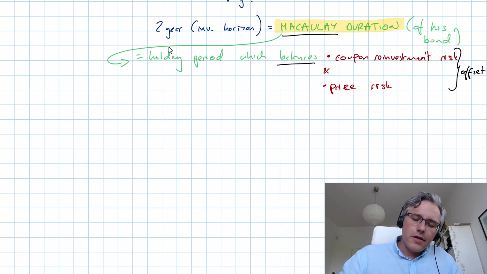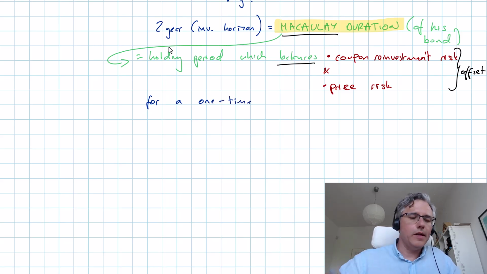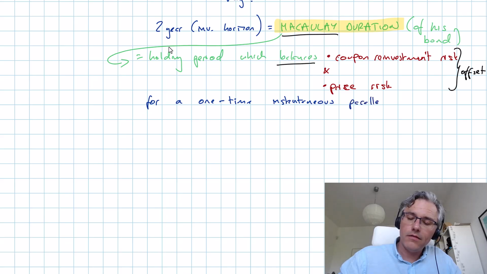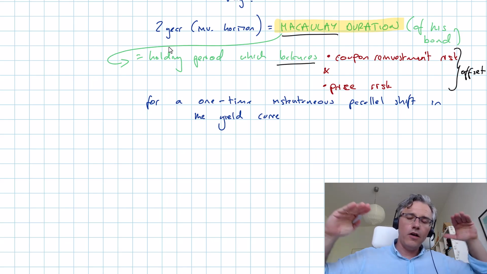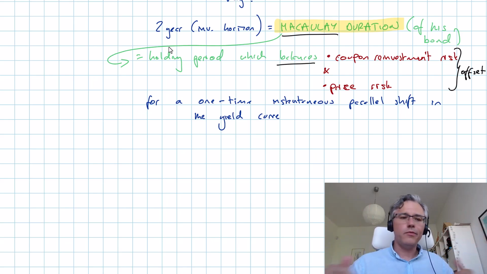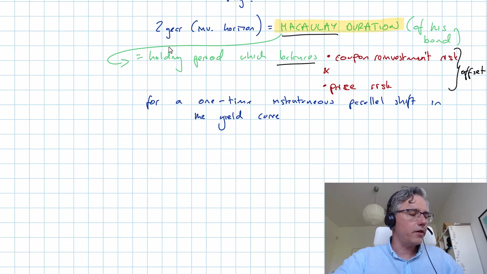It only works for a one-time, single moment, instantaneous, simultaneous parallel shift in the yield curve, meaning all interest rates move at the same time on different points of the yield curve up, for example, by 50 basis points, as we had over here.